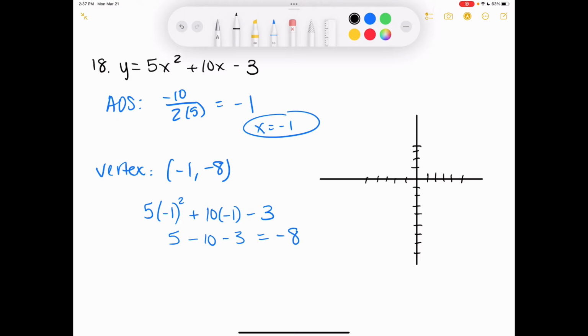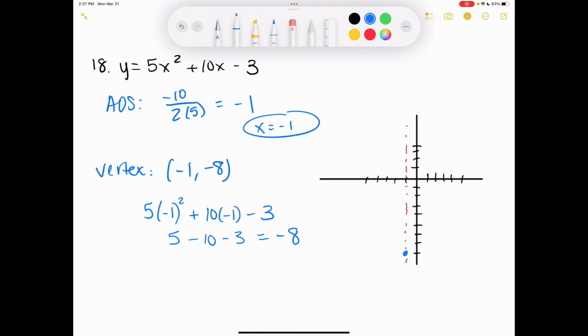All right, so my axis of symmetry is at x equals -1. So I'm making my little axis of symmetry there. My vertex is at -1, -8. So on my axis of symmetry, I come down to -8. Now, I'm going to plug in 0 to this original equation.